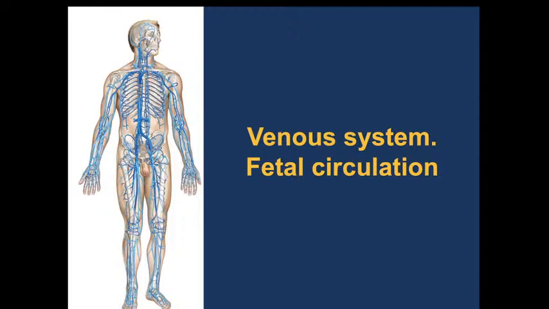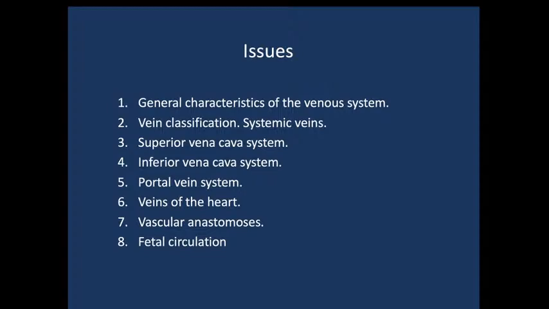What kind of features they have, and we will talk about some large systemic veins in the human body, which we call superior vena cava system, inferior vena cava system, portal vein system, and the fourth system in the body is the veins of the heart, another name is coronary sinus system.